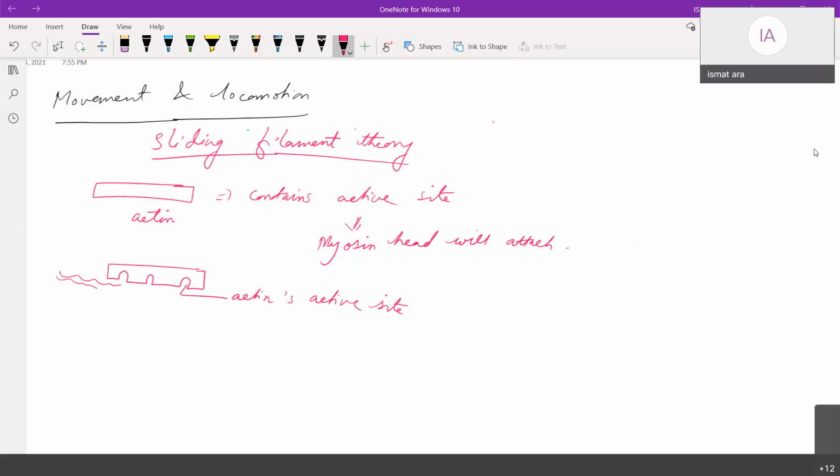This is the tail and this is the head of myosin. It will bind like this. Now what generally happens? Suppose this is one Z line. Let me clear this.